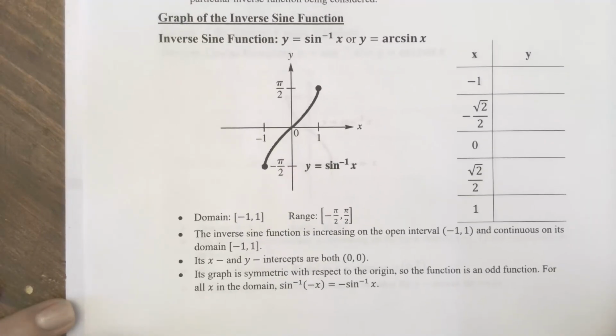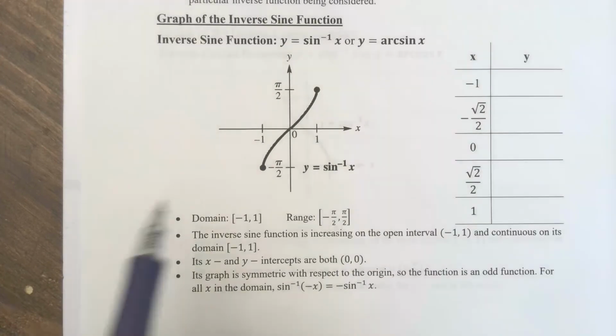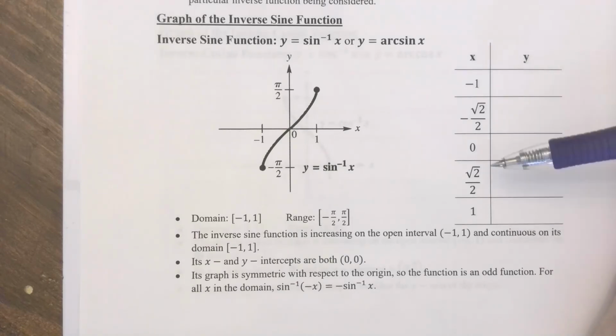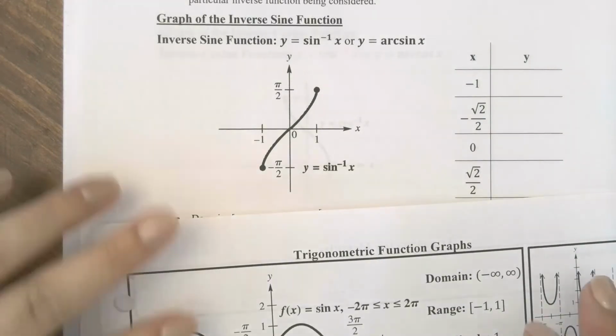So, graph of the inverse sine function. Okay, so written as sine inverse or arc sine. So the values here in this table are opposite of what you have in your original sine function, okay, because the x and y values swap.